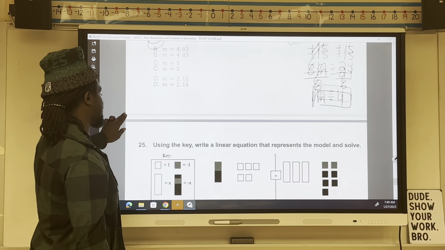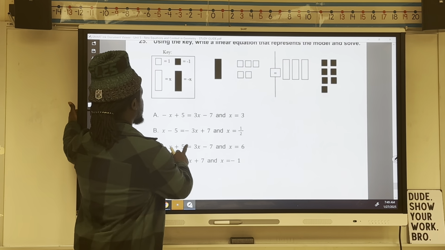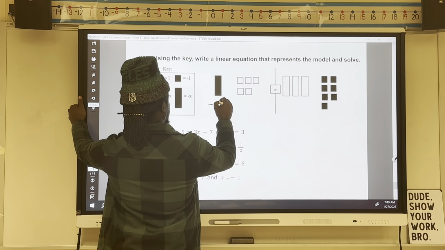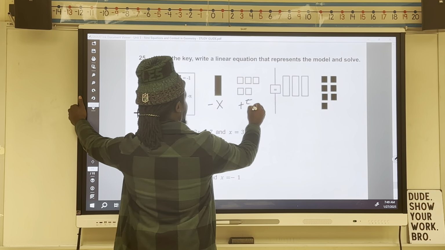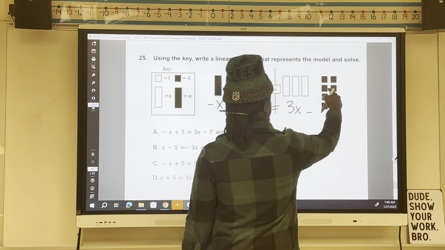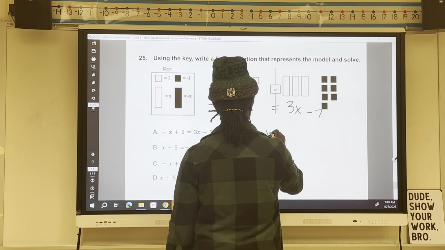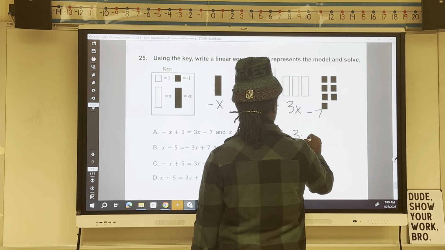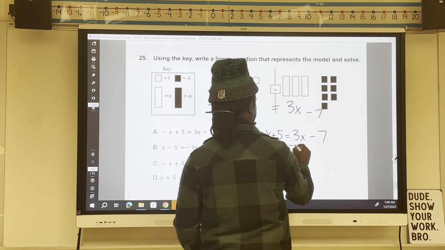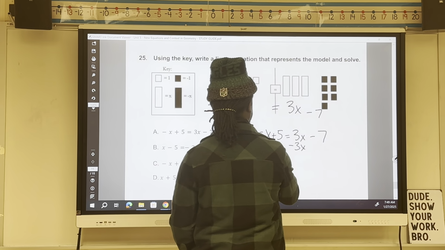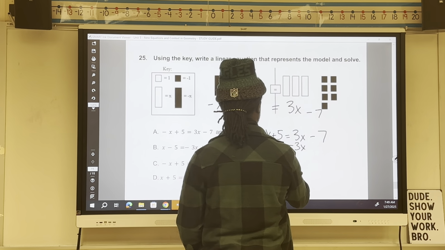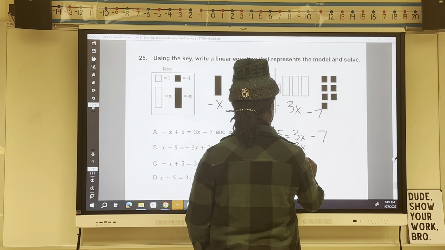All right. And then lastly, what's the equation that represents the model? Then solve it. This is negative x plus 5 equals 3x minus 7. I write that equation, and then I'm solving for x. I'm going to move my 3x's, which gives me negative 4x plus 5 equals negative 7.